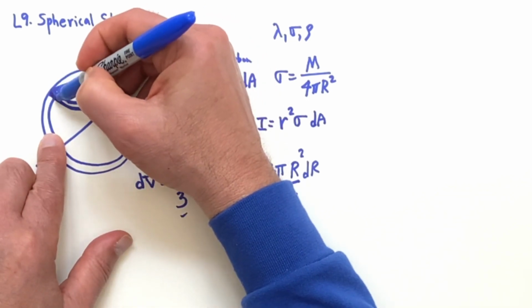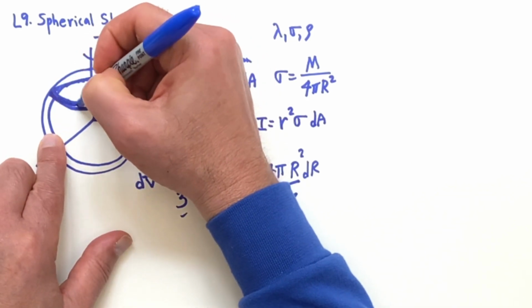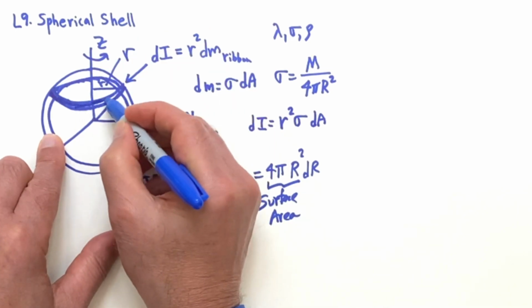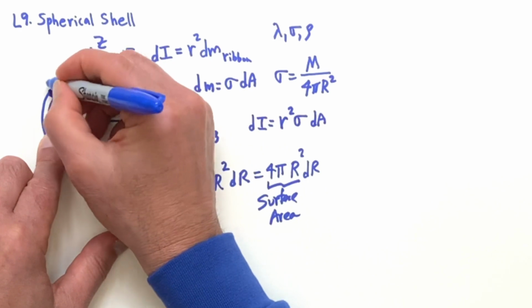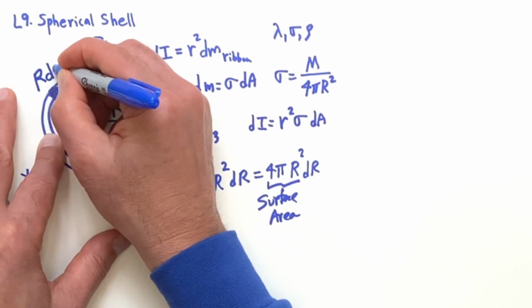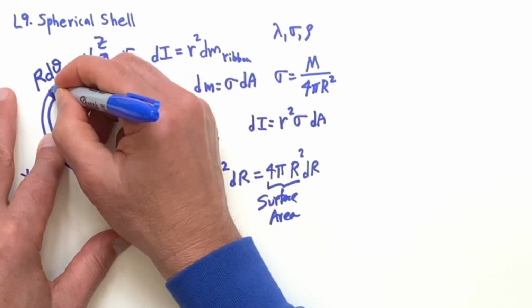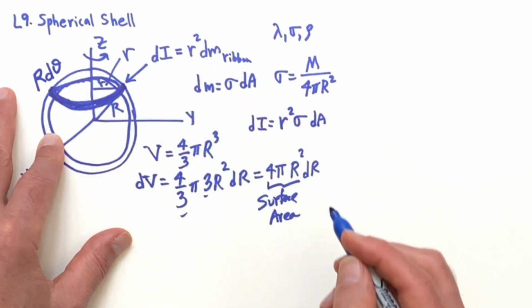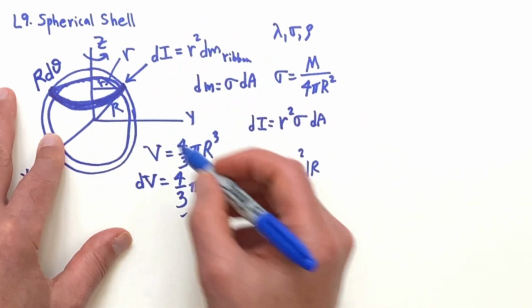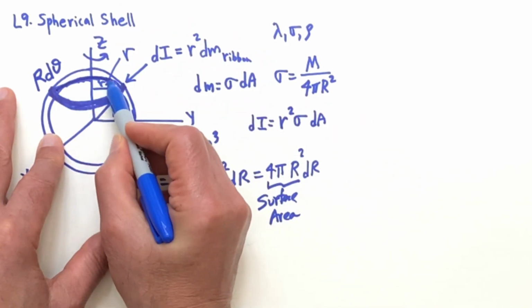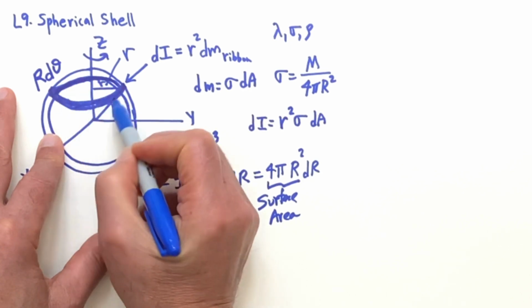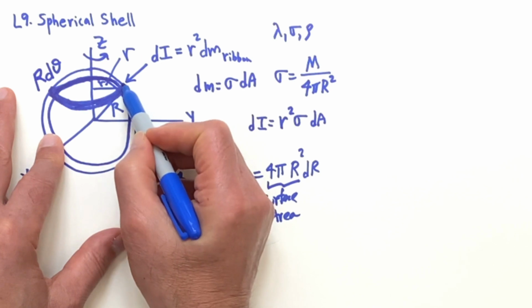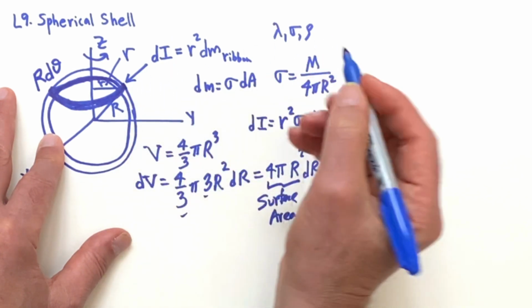Well, the differential area, so we come around here, that's a little r. This is your r d theta, this way, the arc length. And we're going to go around, all the way around, 2 pi r gets us around in that little thickness to get us the area.